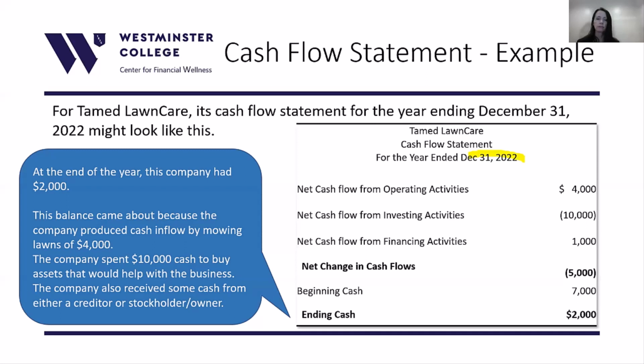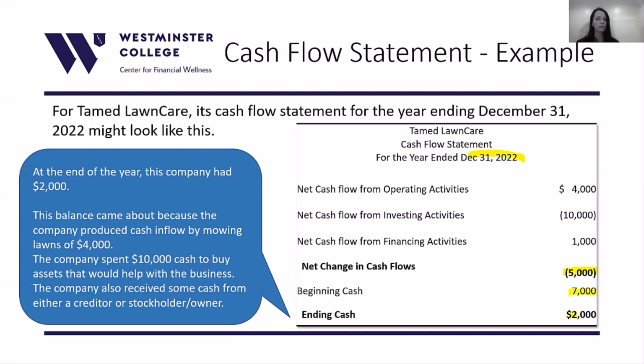If you add these three up, the 4, negative 10, and the 1, that's negative 5. So that explains the cash change for the period. At the very end of the cash flow statement, what you're going to see is what we started with. We started the year with 7,000.